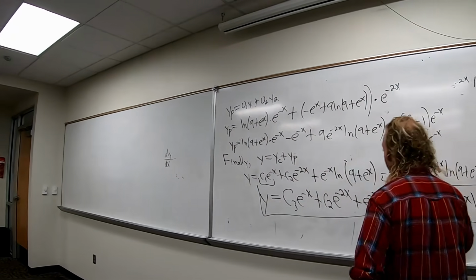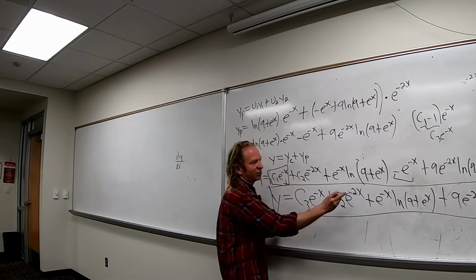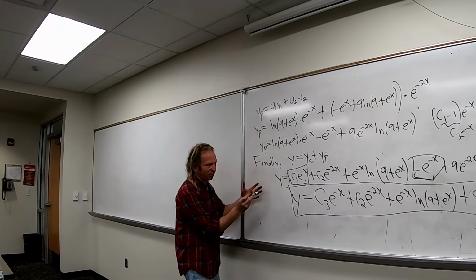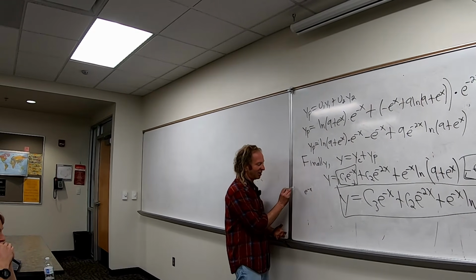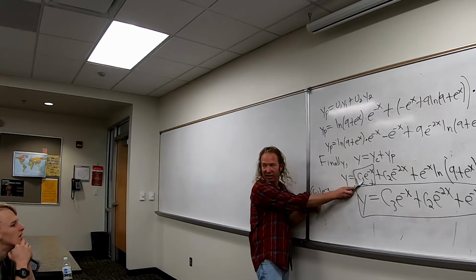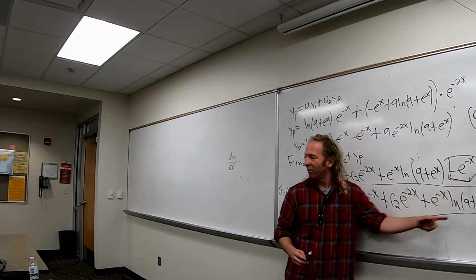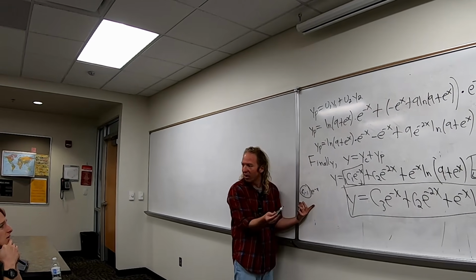Good question. So how did you simplify? Good, I'm glad you asked. So basically you look at these and this one, and they're common terms, right? So what you can do in your mind is pull out the e to the negative x and write it like this, c1 minus 1, because c1 e to the negative x is there, and then negative e to the negative x is there. Now you can just rename this, because you can rename constants, remember?